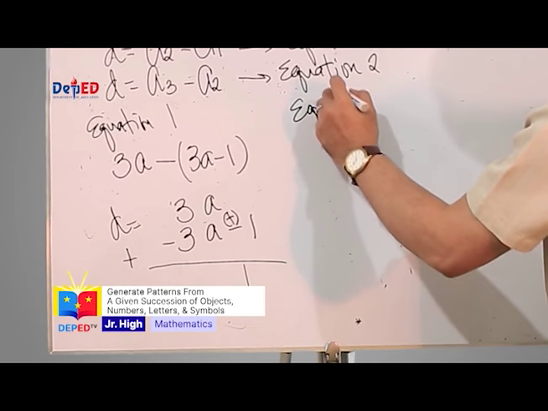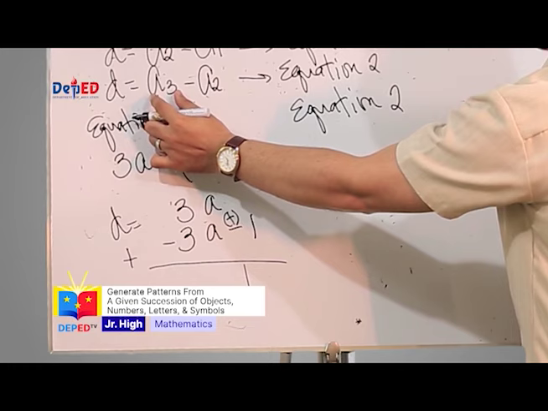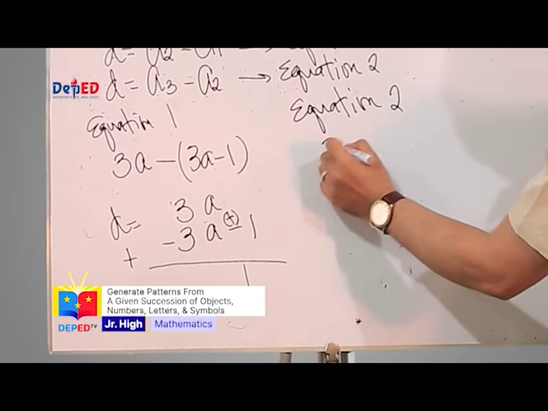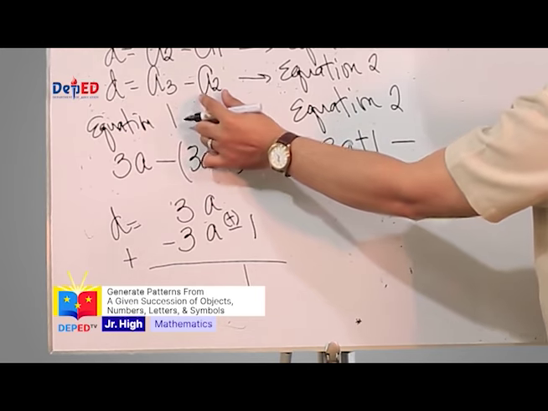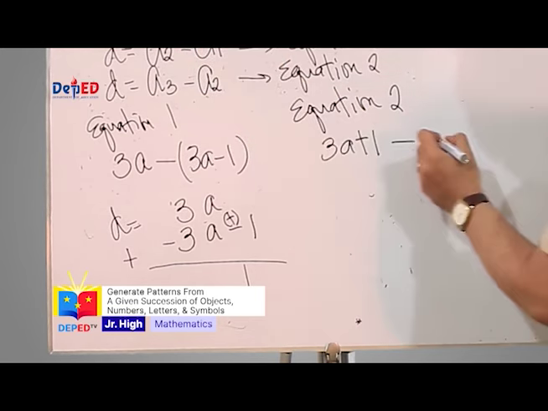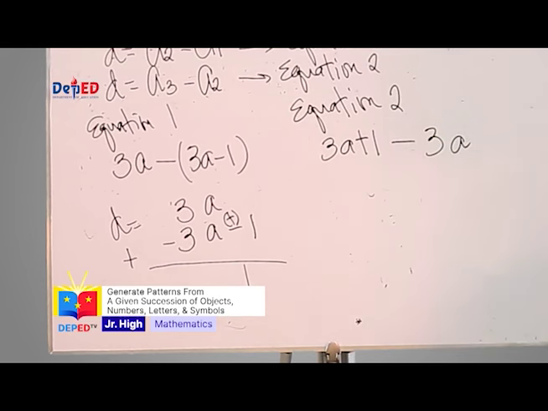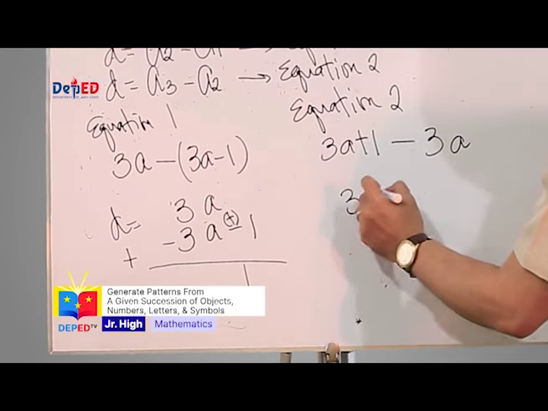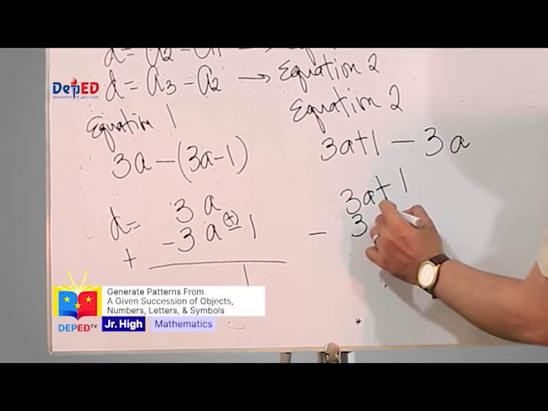For equation 2, that is the difference of a sub 3, which is 3a plus 1, minus the second term, which is 3a. Next, let's have 3a plus 1 minus 3a.